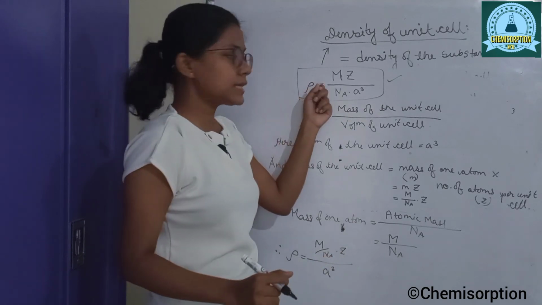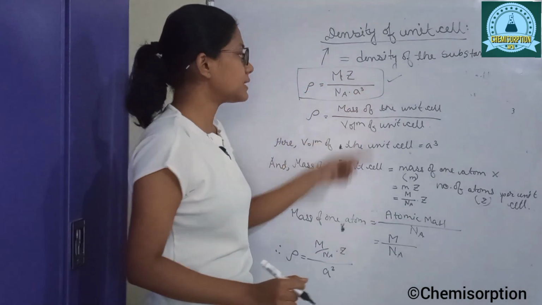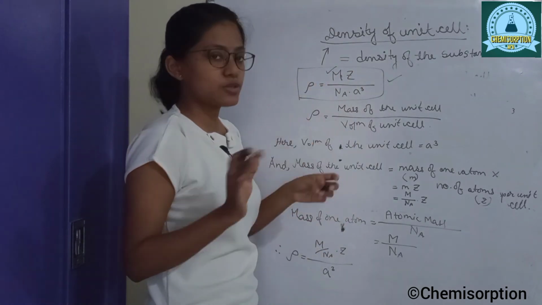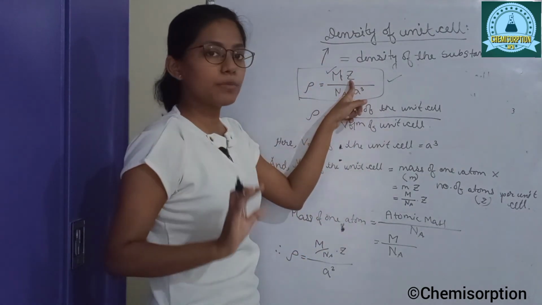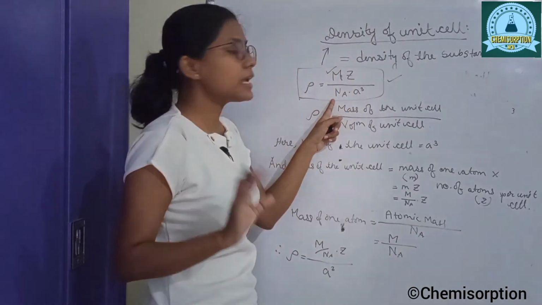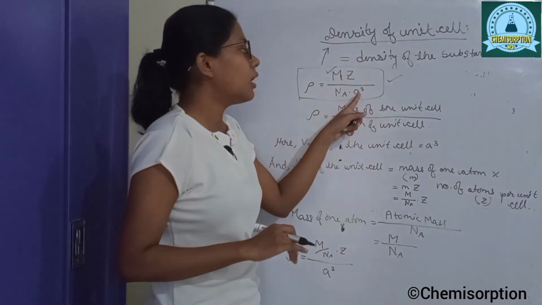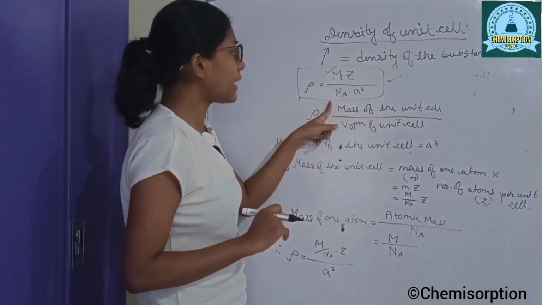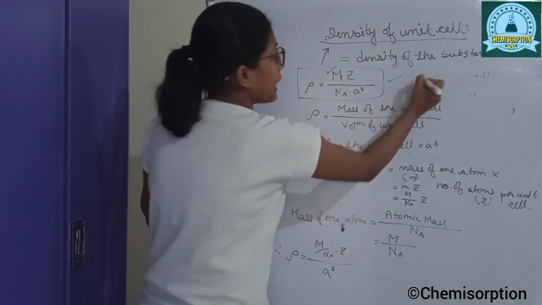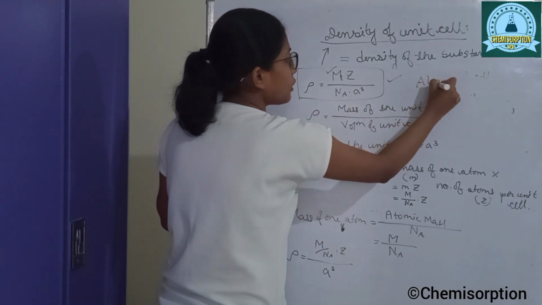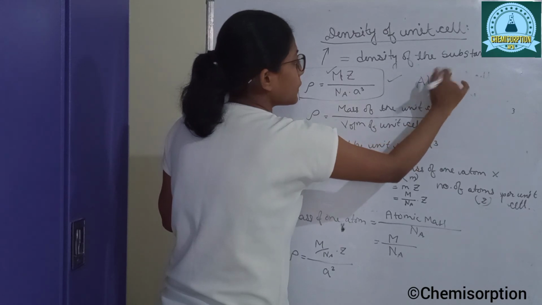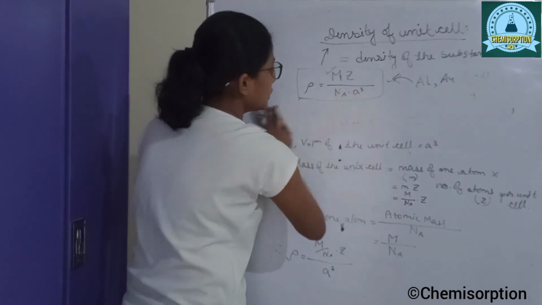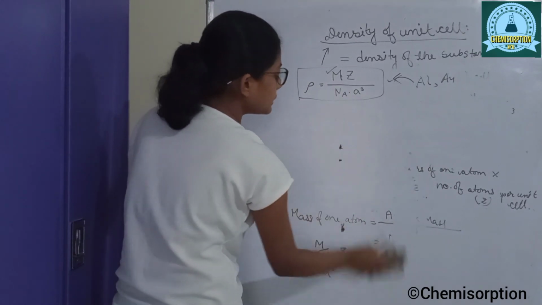So, this is the density of the unit cell, where capital M is the atomic mass of the substance, Z is the number of atoms per unit cell, Na is the Avogadro's number, and a is the edge length. Now, this is valid for elements like density of aluminium, density of gold.